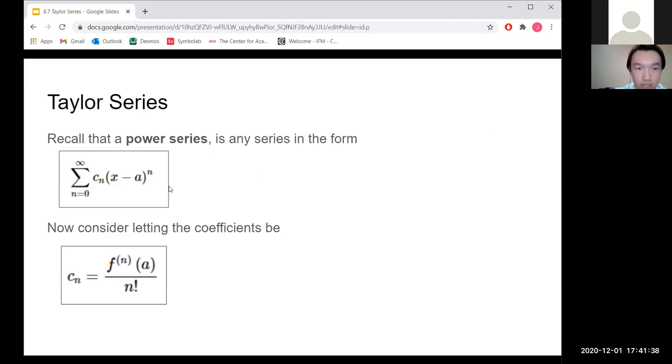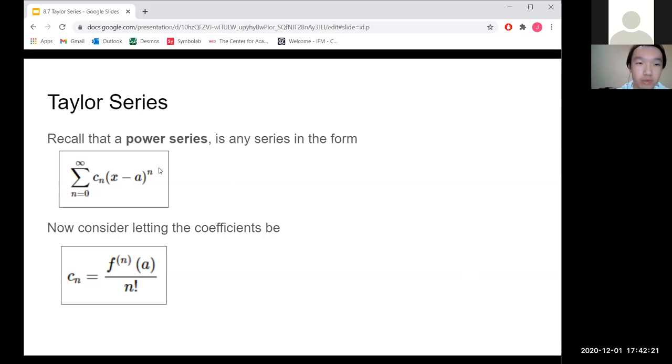Do you guys remember what C of n and a were called? Yeah, so C of n is the number in front of each term. So we call that the coefficients. And then a is basically the center of your series, right? Which for all questions should be given to you. All questions should give you the center. It should specify the center. So that's a power series.